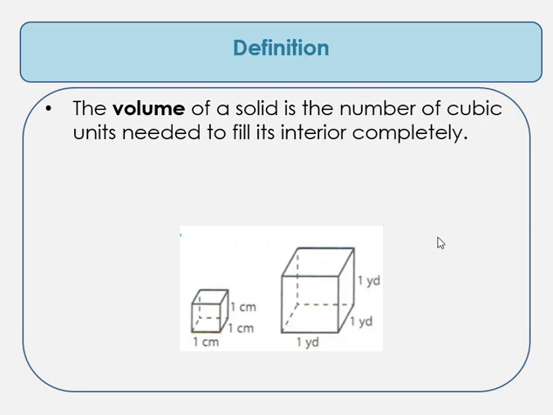The inside of the cube is what we call the volume. The volume of a solid is the number of cubic units needed to fill its interior completely. So if I were to pour sand inside of this cube, that's what we are now going to be estimating.